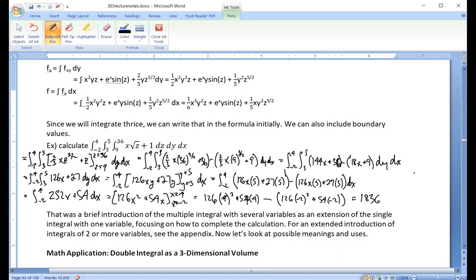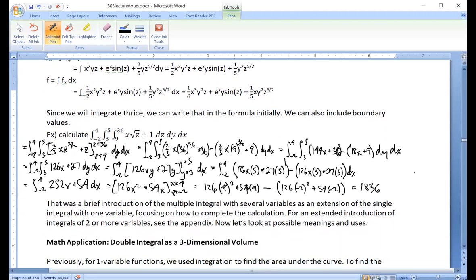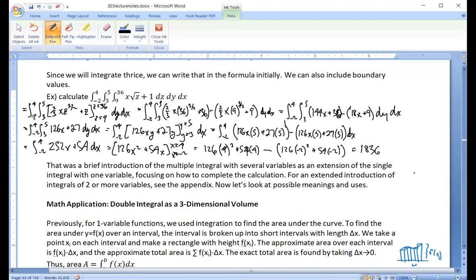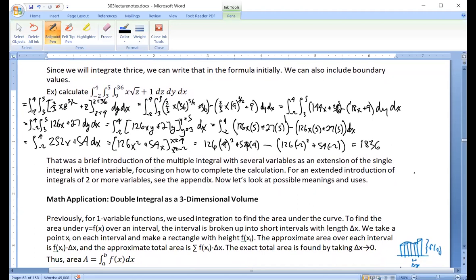Okay. So the first thing is to remember our basic use of integration for single variable functions. So when you have y equals f of x, we saw that we could approximate the area by taking rectangles where each width was some delta x, where that delta x was a piece of the interval over which we're interested.